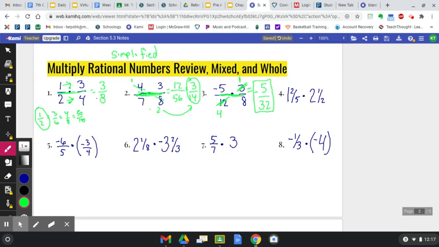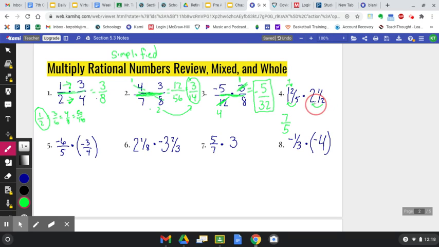All right, with mixed numbers, we looked yesterday at changing these to improper fractions, and that's going to be your best bet. So I'm going to go 5 times 1 is 5, and then add that remaining fraction. So 5 and 2 would give me 7 fifths. That's my denominator.